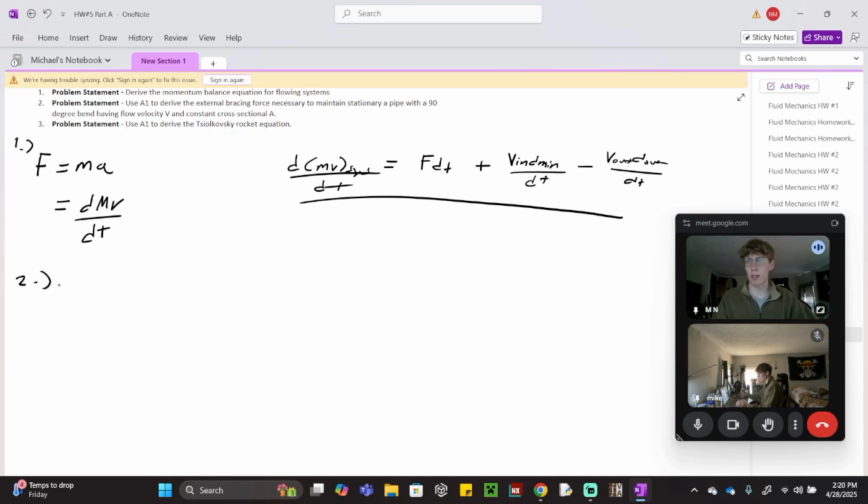Problem statement 2 is asking to use A1 to derive the external bracing force necessary to maintain stationary a pipe with a 90-degree bend having flow velocity V and constant cross-sectional area A. So let's draw a diagram.